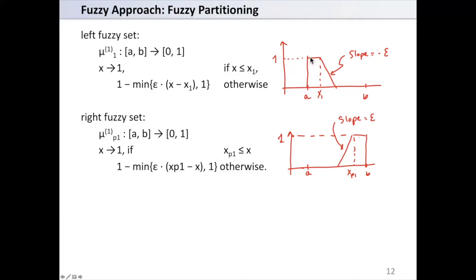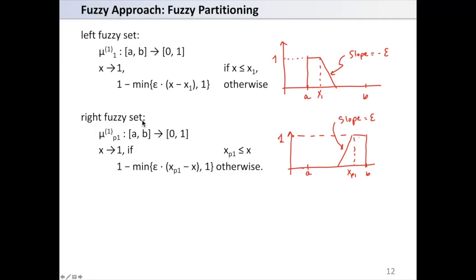So if x is less than x1, the value is 1. Otherwise, 1 minus the minimum of epsilon multiplied by x minus x1, and 1 is used. So it has such a shape.